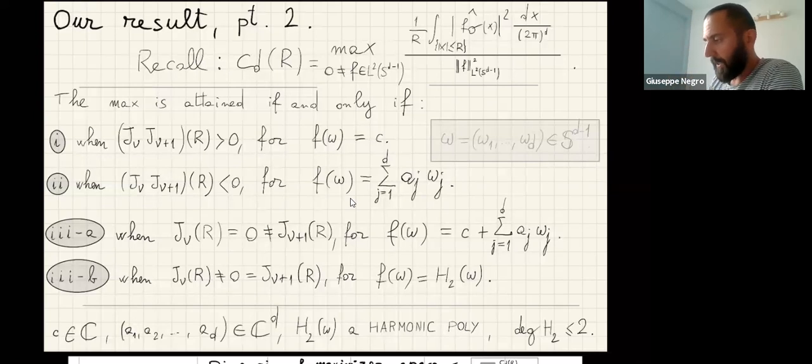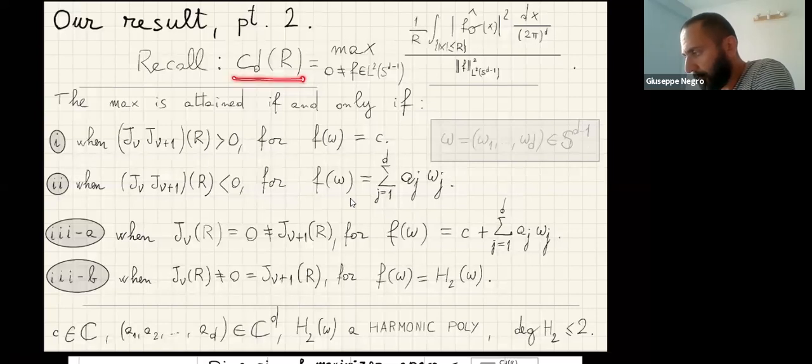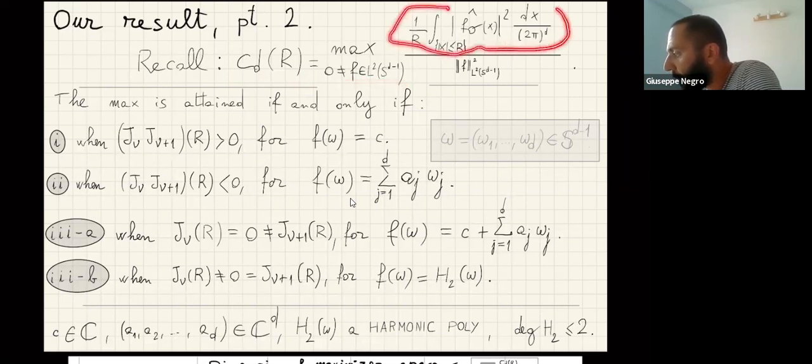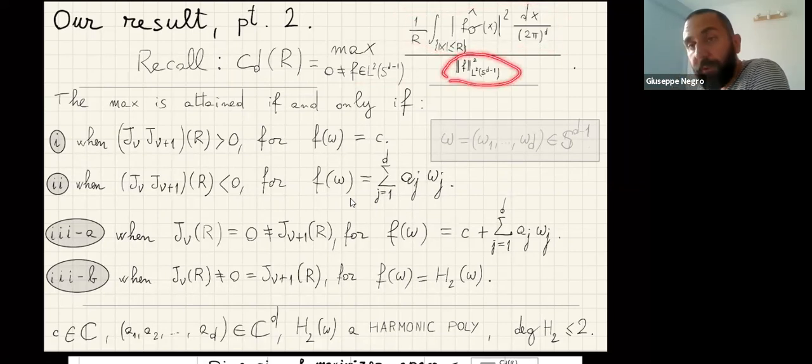So here I've written a recall. We are concerned with this constant, which is not really a constant, since it depends on the dimension and on the radius r, and which is the maximum over all functions in L2 of this norm divided by the L2 norm of the density.